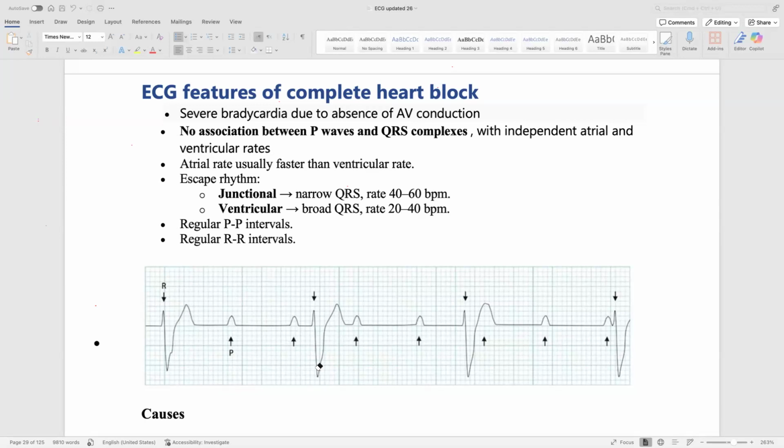Electricity to the ventricle is generated from one fiber, producing electricity at an equal rate, at an equal rhythm, in its own rhythm. So the atrium has its own rhythm and the ventricle has its own rhythm. You got the point? Complete heart block.